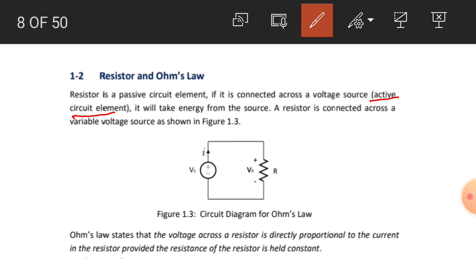So we consider a very simple diagram over here. We apply some voltage across this resistor. Resistor is a passive circuit element. Whenever we apply voltage across a passive circuit element, it results in a current in the passive circuit element.